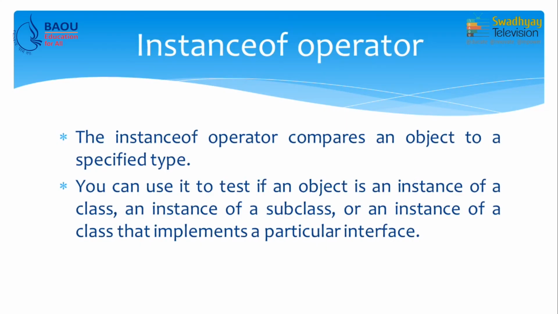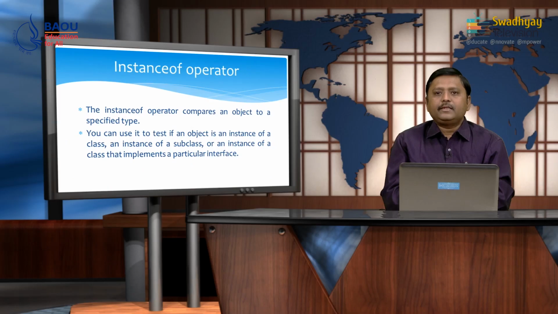So, the instanceof operator compares an object to a specified type. You can use it to test if an object is an instance of a class, an instance of a subclass, or an instance of a class that implements a particular interface. In inheritance, we will see how to use this instanceof operator, because in inheritance we can say a child class is also of the type parent class.